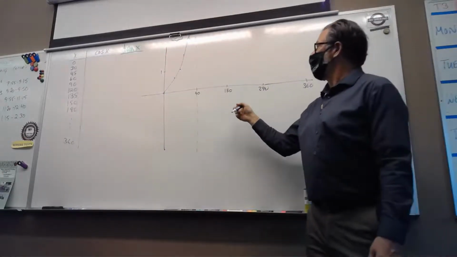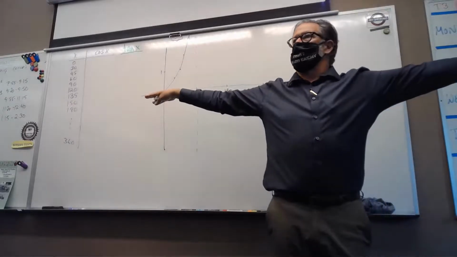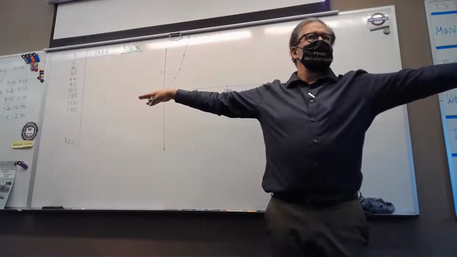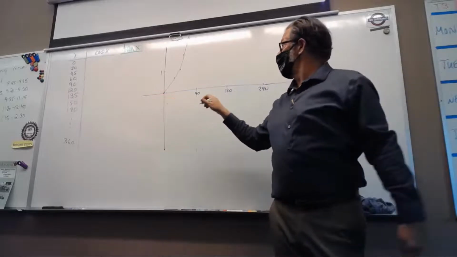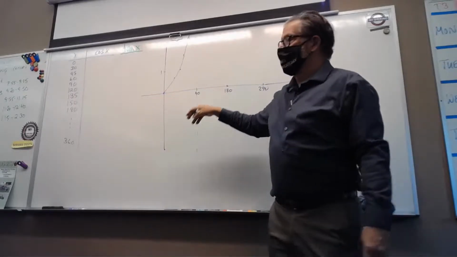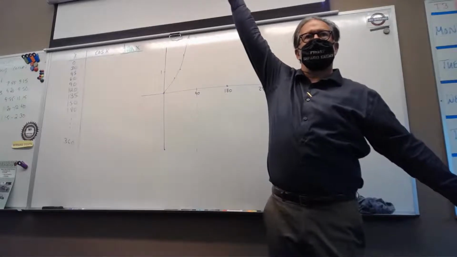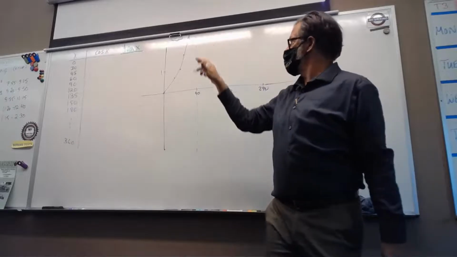Now, what happens on the other side of the asymptote? What's the slope at 180? Zero. What's the slope at 135? -1.